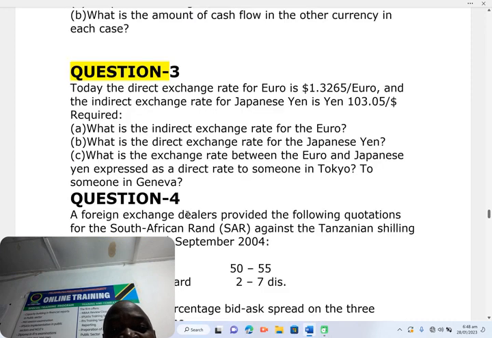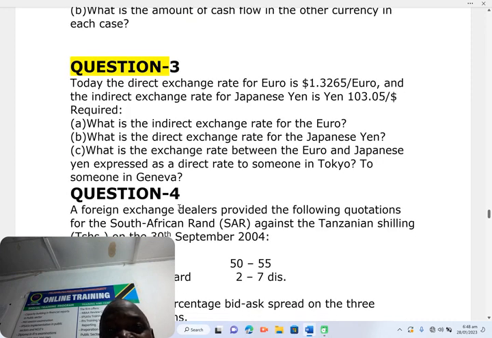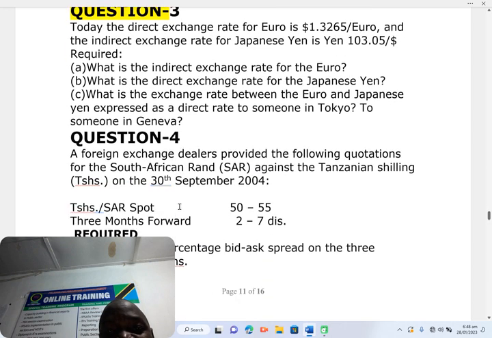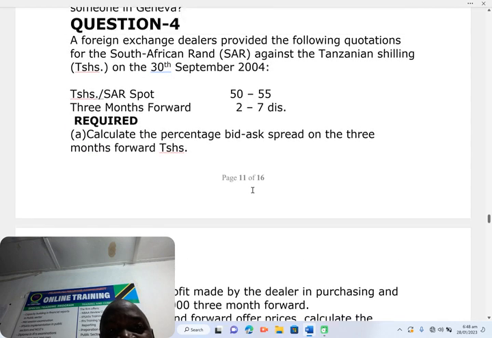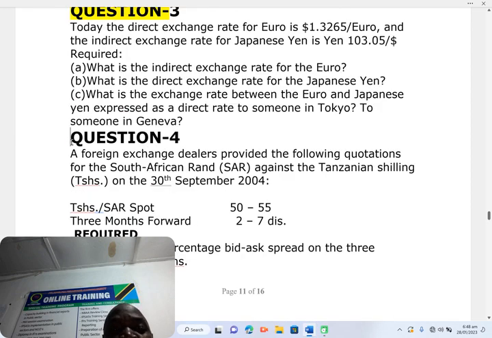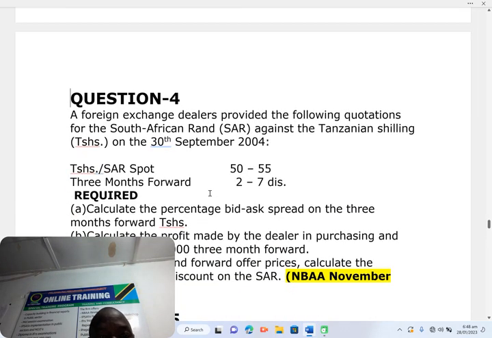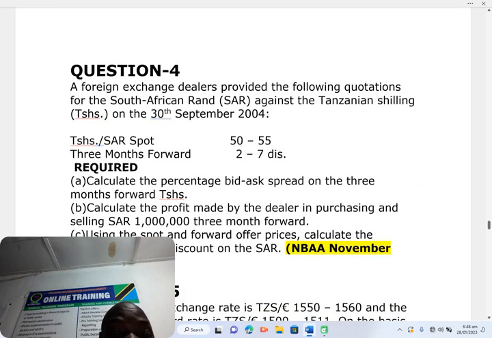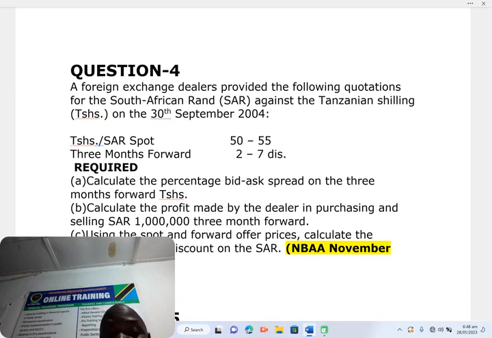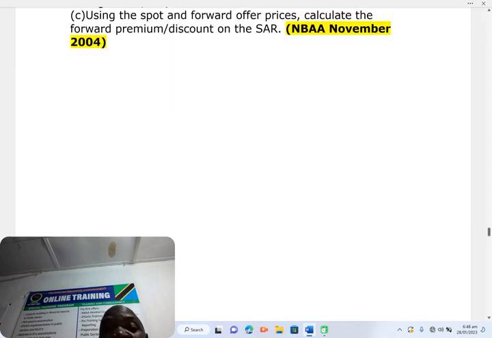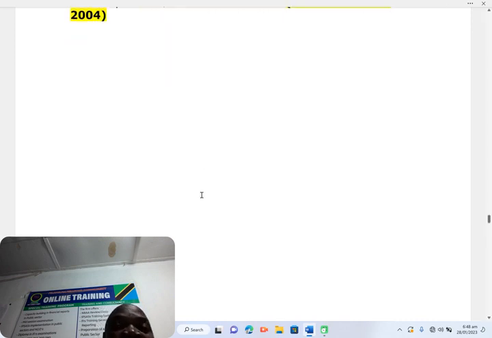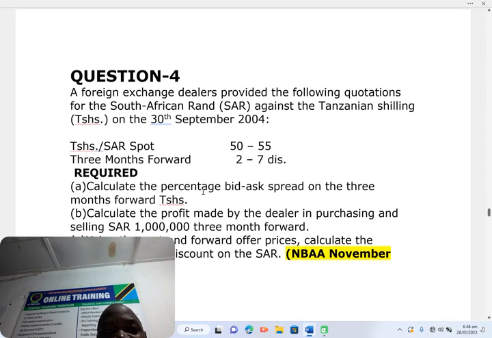So let me go to the other question technically. Let us see this one here. Question number 4. So move to question number 4. This question was adapted by NBAA in November 2004. I don't know how old it is now, but it can be shown.